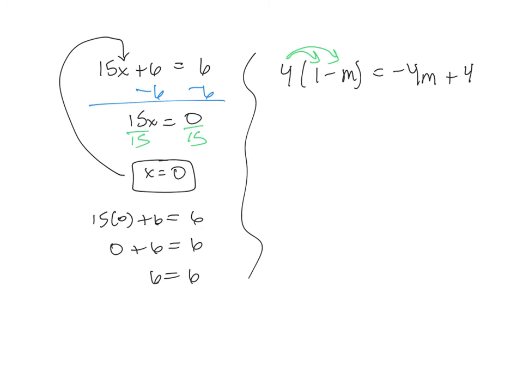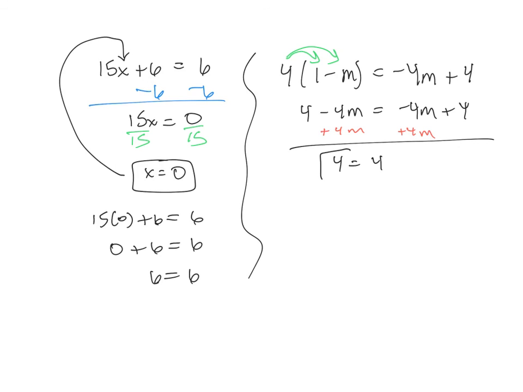No matter what the problem looks like at the beginning, if you see parentheses, that means distribute. So 2 terms on either side. Move the smallest one. Well, they're both -4, so it actually doesn't matter. Negative 4 and positive 4, that's 0. Negative 4 and positive 4, that's 0. So I got 4 equals 4.